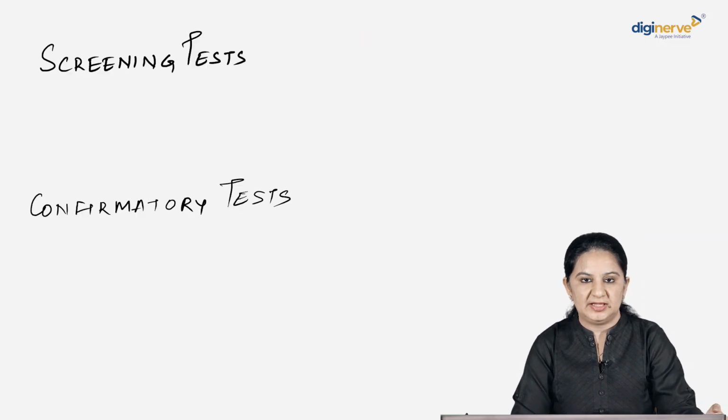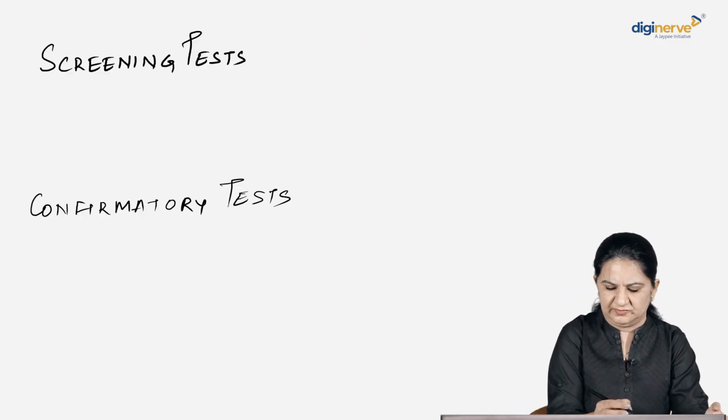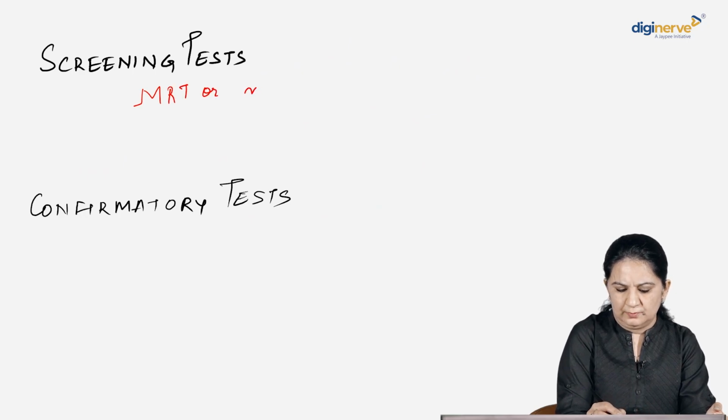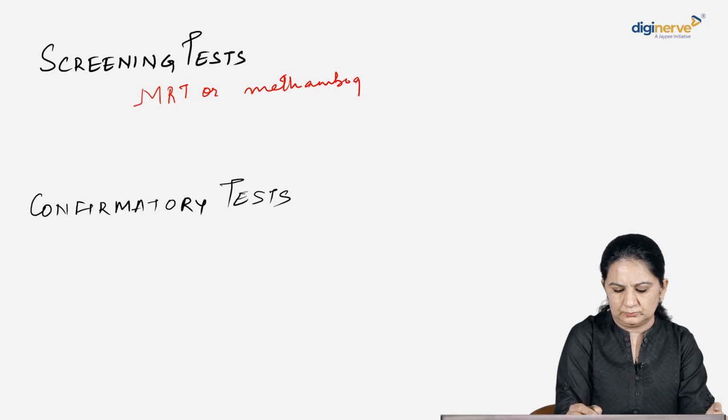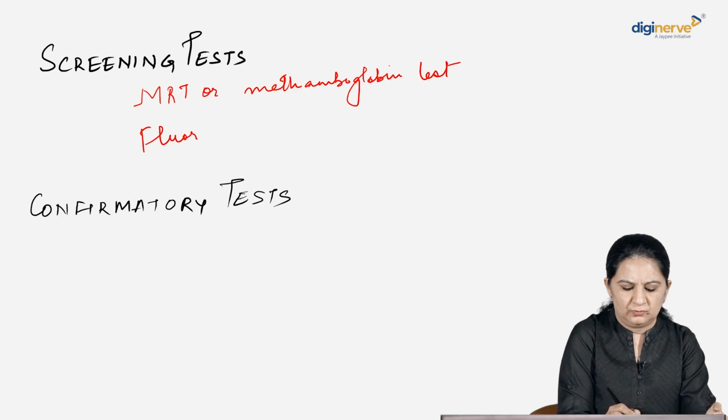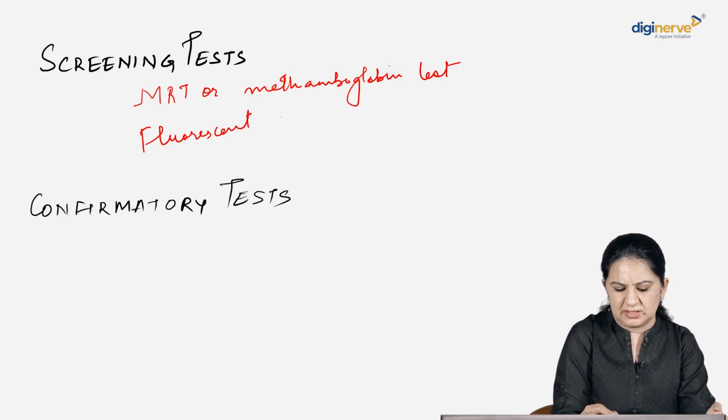Now, what would be the screening test of G6PD deficiency? This is the MRT or methemoglobin reduction test. Another is the fluorescent screening test.